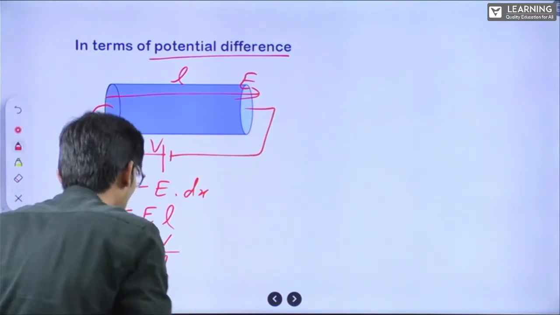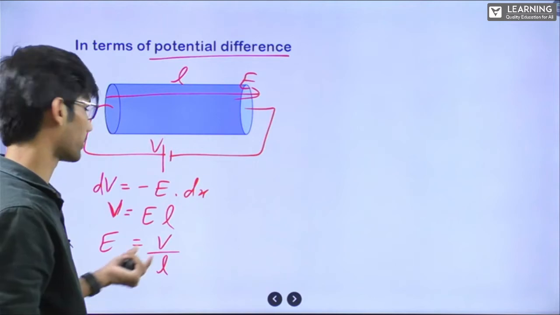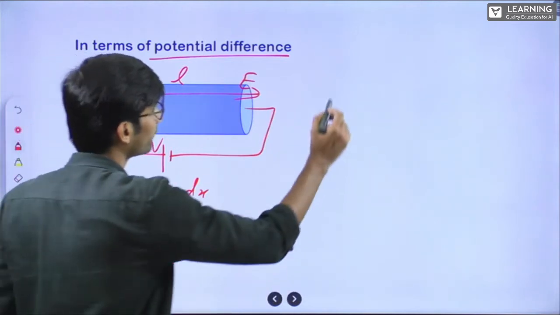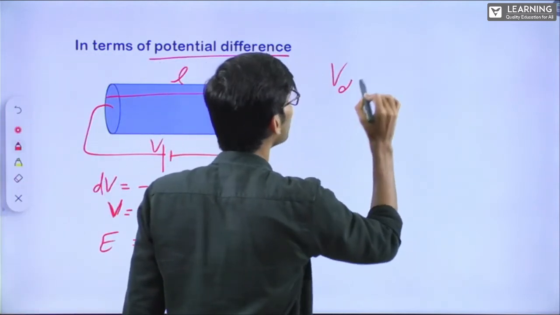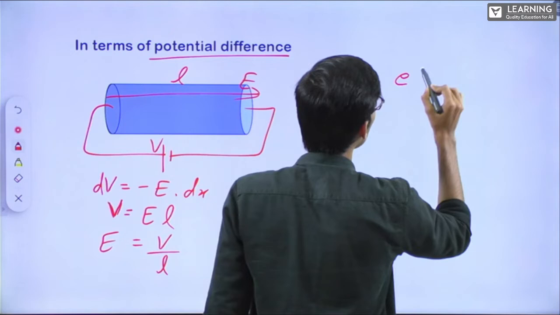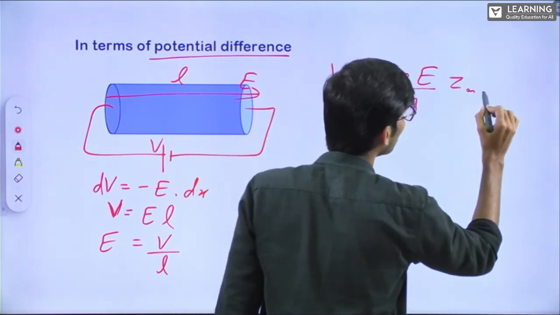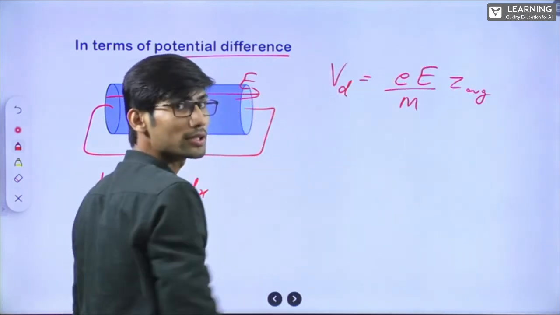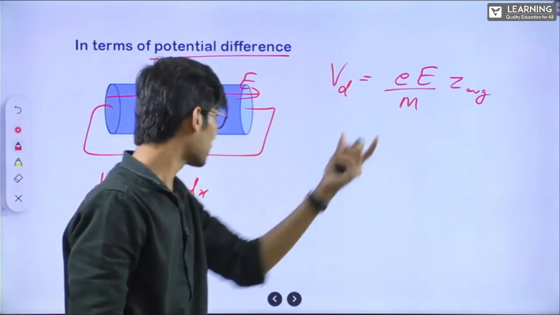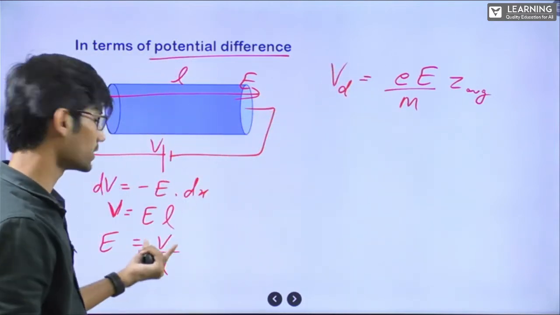Now understand here, we are only talking about scalar because potential is a scalar quantity. We know that Vd is equal to E by m into tau. Tau means tau average. Why am I not writing vector and minus sign? Because now I am going to replace this E by this scalar.